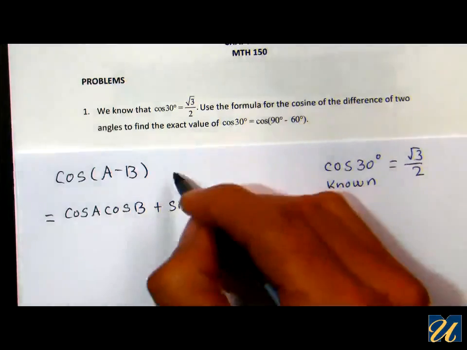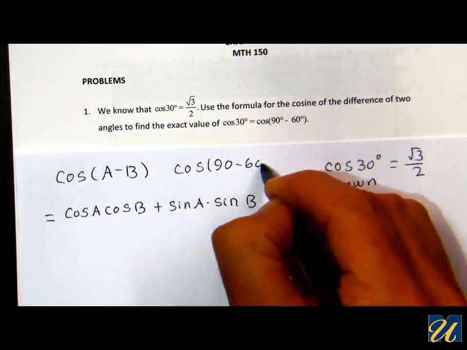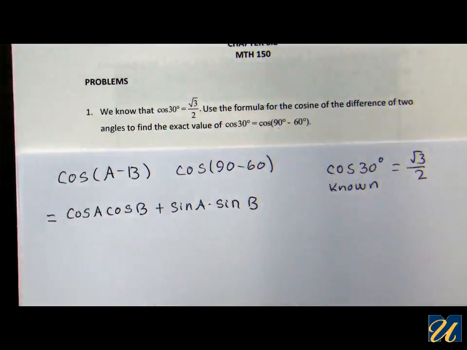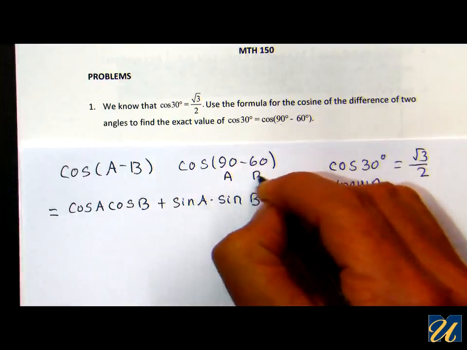So we have cosine of 90 minus 60, which is still cosine of 30. So this is your A, and this is your B.